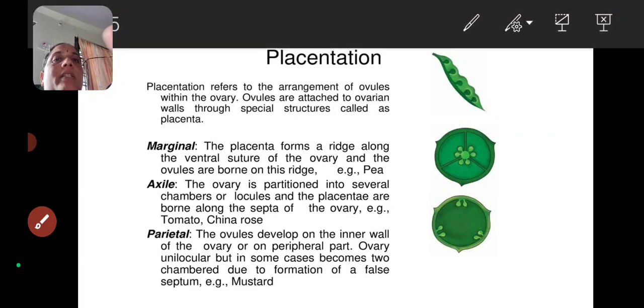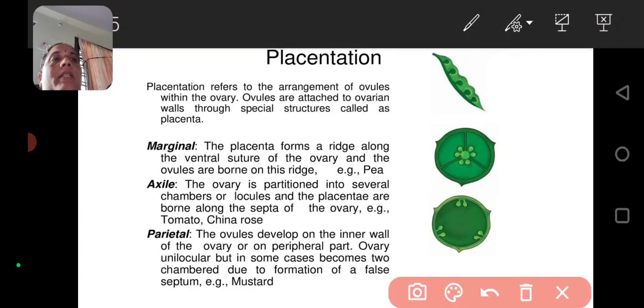This is the margin. The ovules are arranged like this. This is called marginal placentation. In marginal placentation, the ovules are arranged along the margins of the ovary.